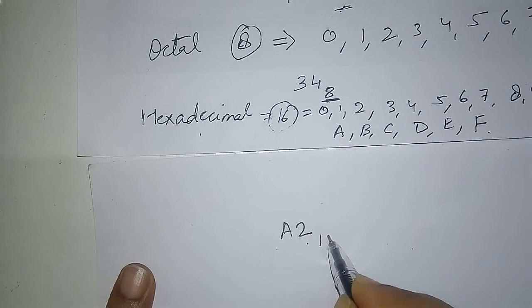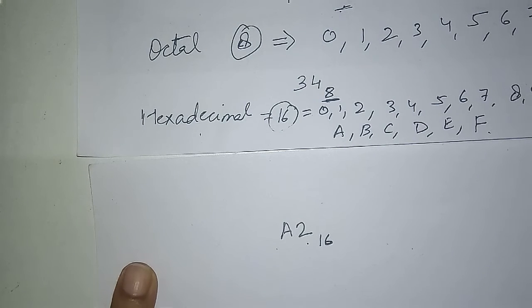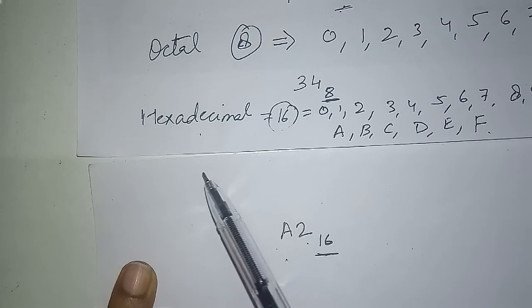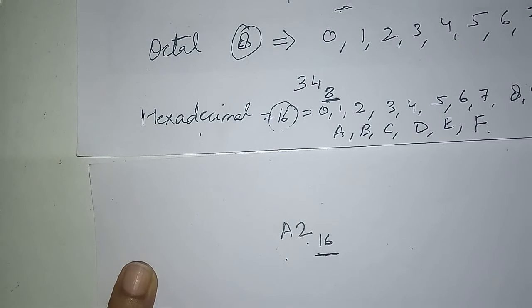To give it clarity, we are going to use the base 16 at the right end. This 16 tells that A2 belongs to the hexadecimal number system, not any other number system. The A also gives clarity that A is only present in the hexadecimal but not in any other number system.